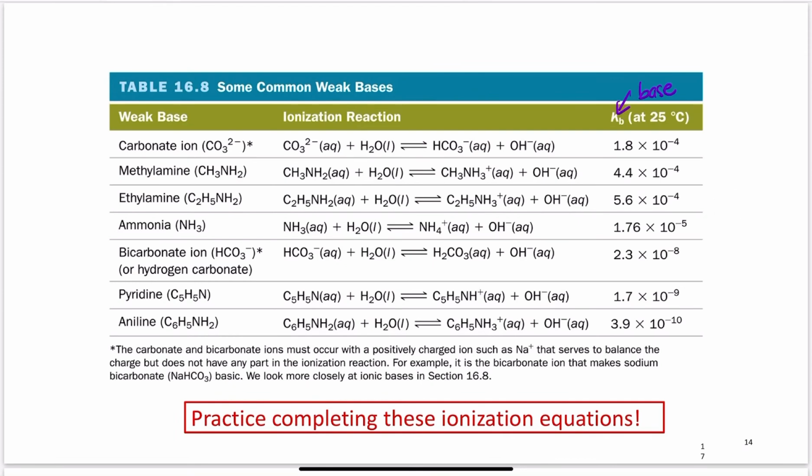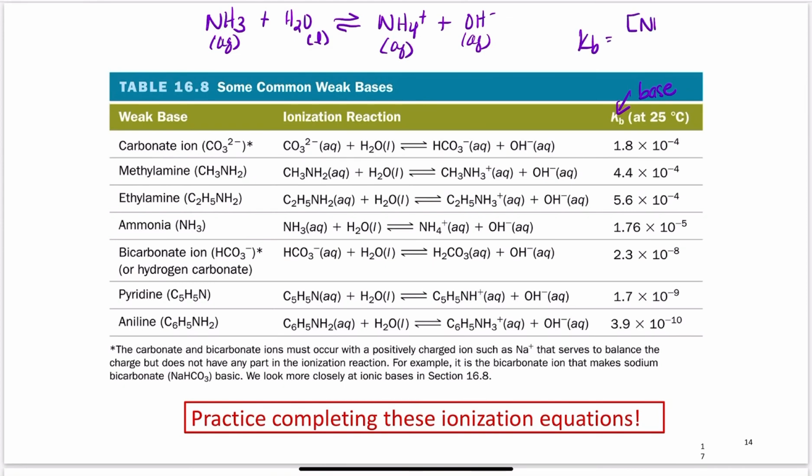So for NH3 forming NH4+ plus OH-, Kb is equal to the concentration of NH4+ times the concentration of hydroxide divided by the concentration of ammonia. Remember, we do not include H2O because it's a liquid, and it's your products over reactants. It's your ratio. It's your law of mass action.